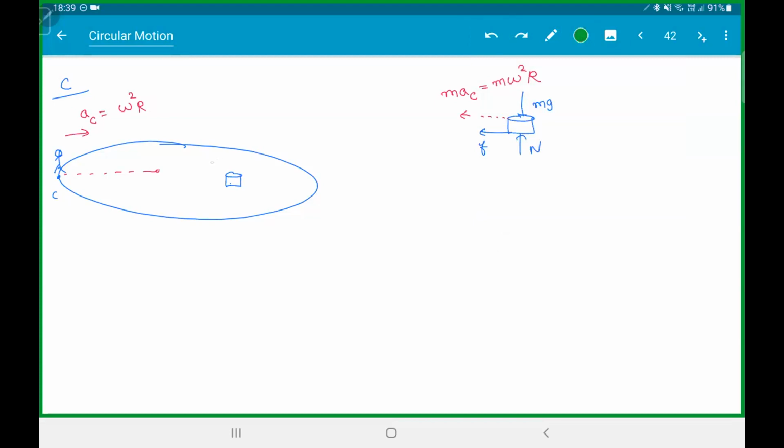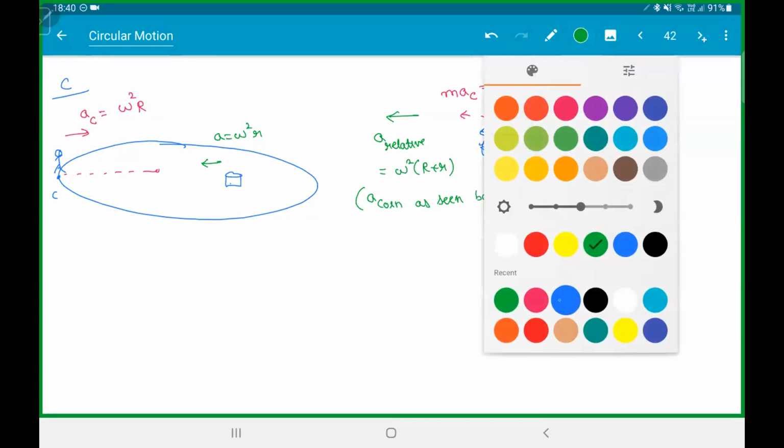And he will also say the coin's acceleration is omega square small r. Since I'm going with omega square R and the coin is coming with omega square small r, the relative acceleration is omega square into R plus small r. This is the acceleration of the coin as seen by C.